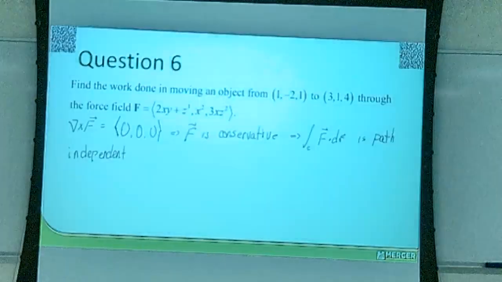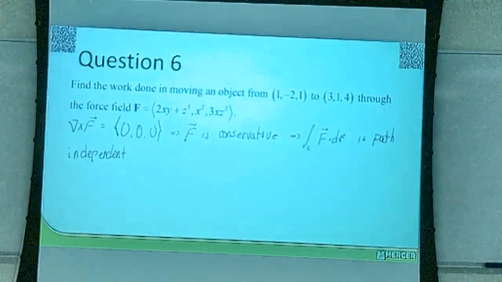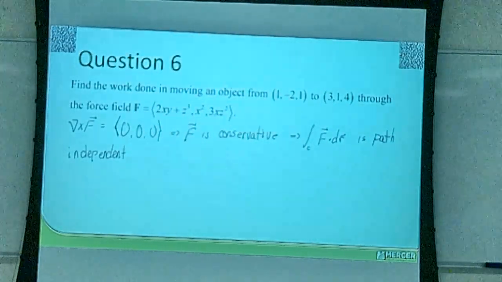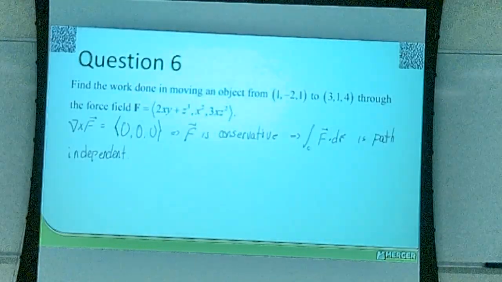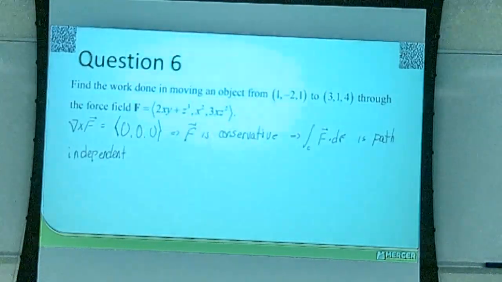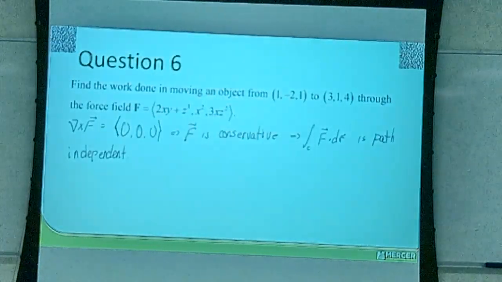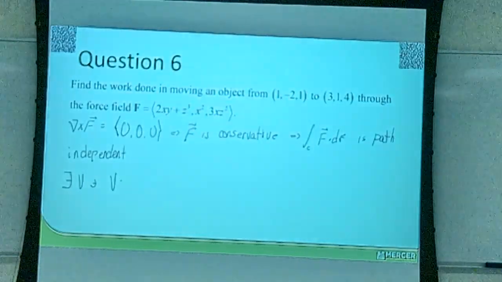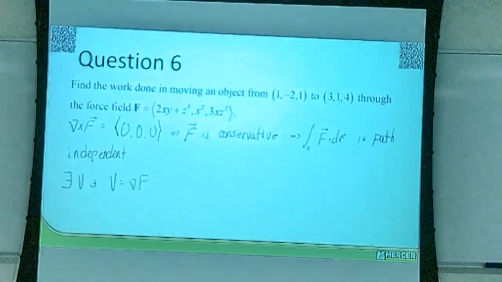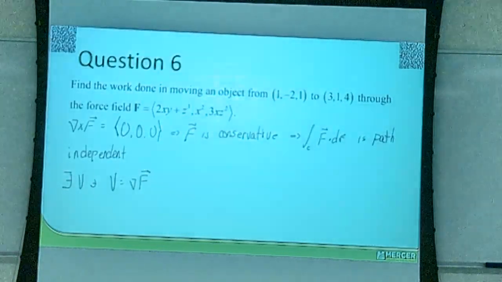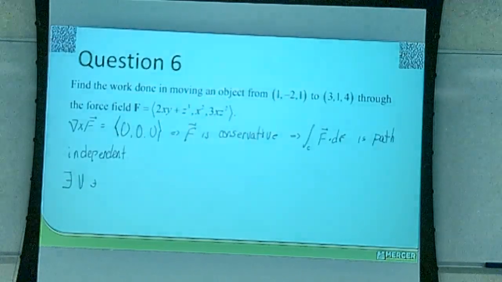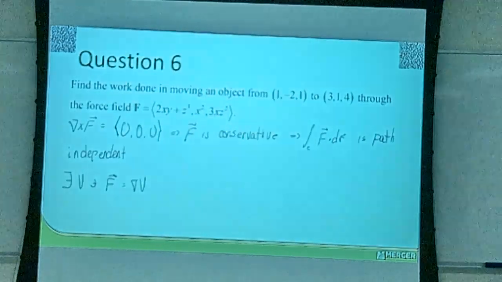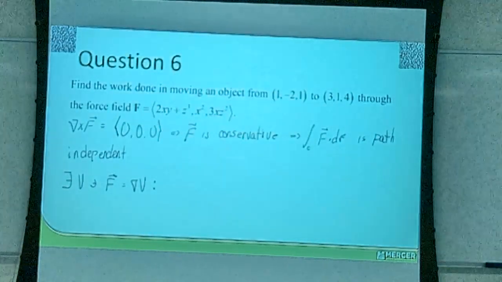So that means what we're going to do is find a potential for our conservative field. Then the work will just be V of P1 minus V of P0. Well, this has three things.